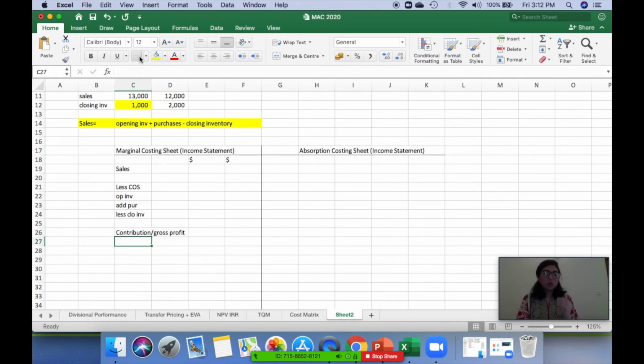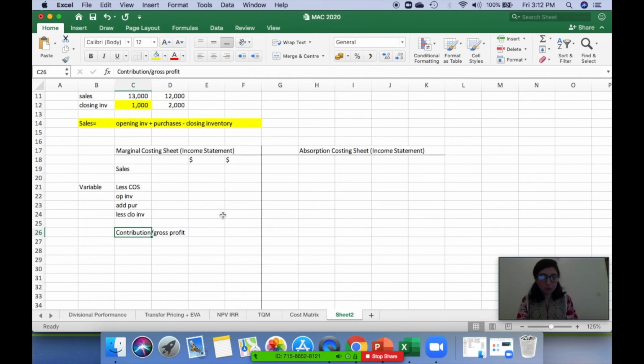Remember, what was the formula for contribution? Revenue minus variable costs. So if we deduct all variable costs from revenue, the cost of sale will be all in variable cost terms. So sales minus this will give you contribution in marginal costing. In marginal costing, contribution is the key term that is used instead of gross profit.